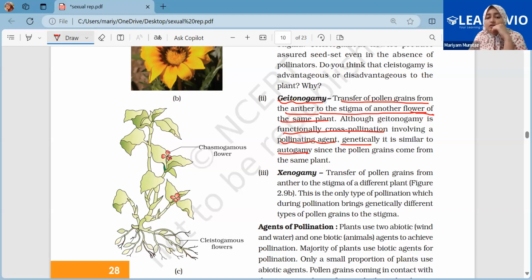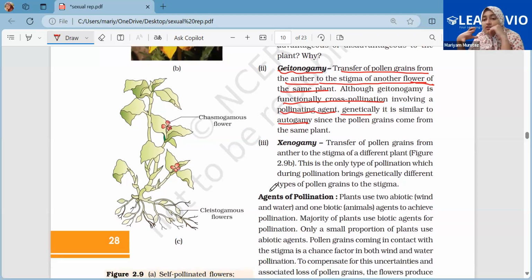But when cross pollination takes place, variations arise. Now, one disadvantage in this case may be that not always the right type of pollen will fall. Sometimes the wrong type of pollen will come, and it will lead to the failure of fertilization. So that may be one disadvantage of xenogamy or cross pollination.